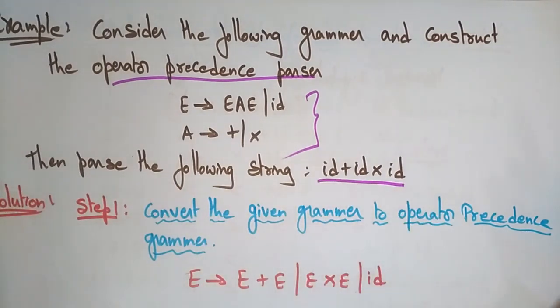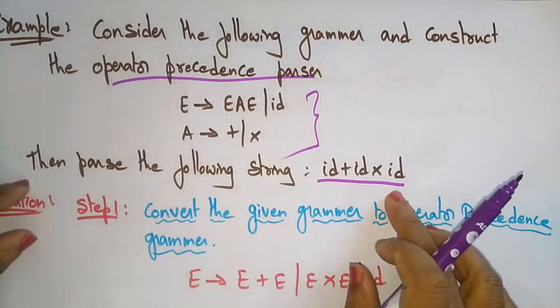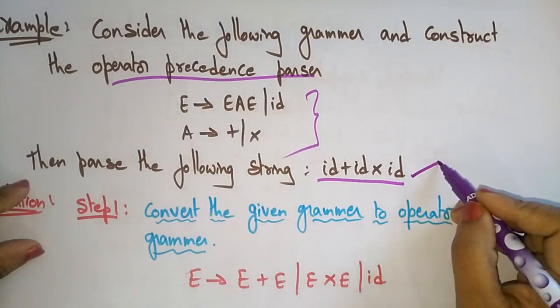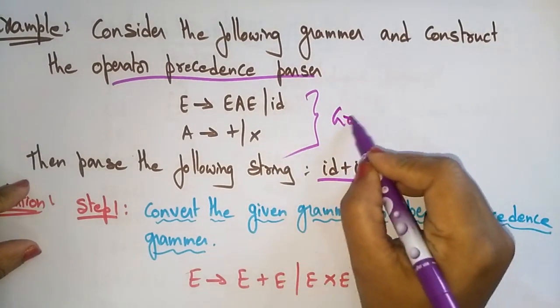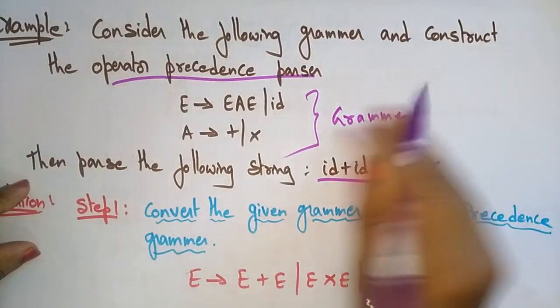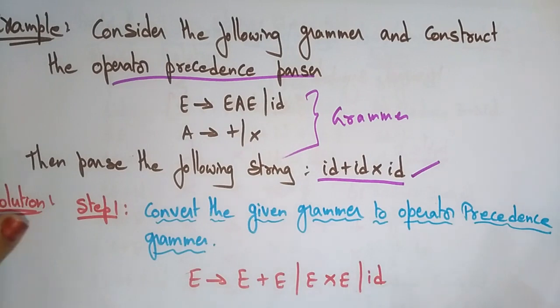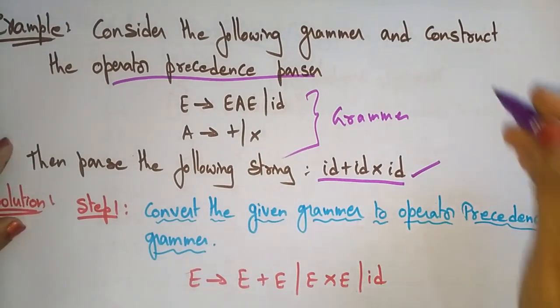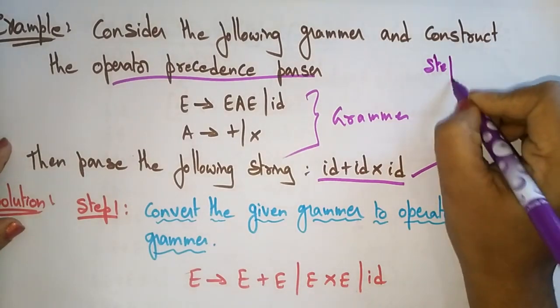After finding the operator precedence parser, you have to parse this string. The string is given and the grammar is given. Now we need to construct the operator precedence parser. What are the steps you have to follow to construct it?